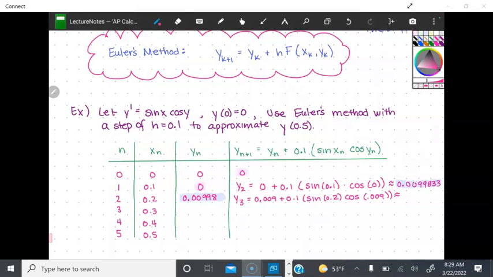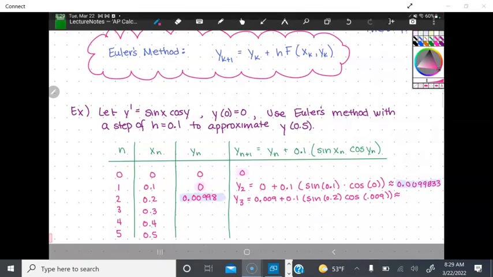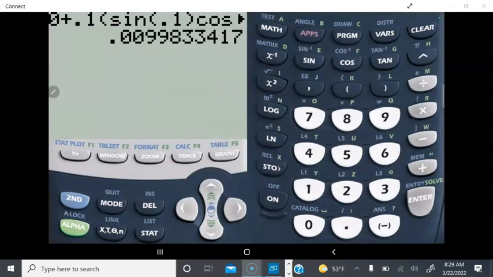And I don't know if you guys have noticed on your calculator above the negative button, see how it says ANS? That refers to the previous answer. So it's going to look like this. I'm going to do second answer. I want the previous answer plus 0.1 times sine of 0.2 times cosine of the previous answer.